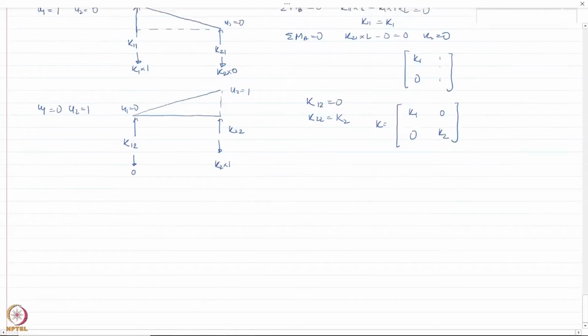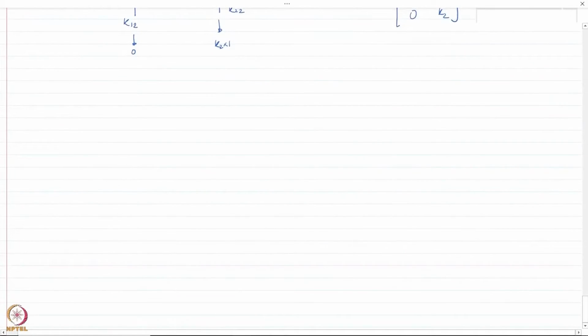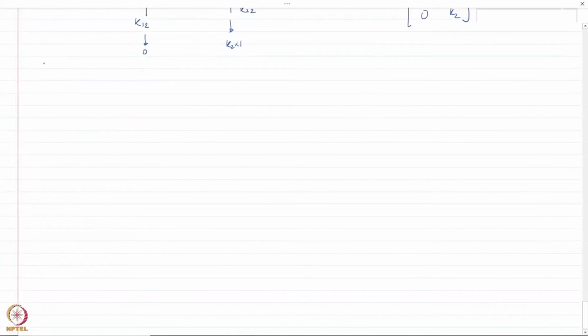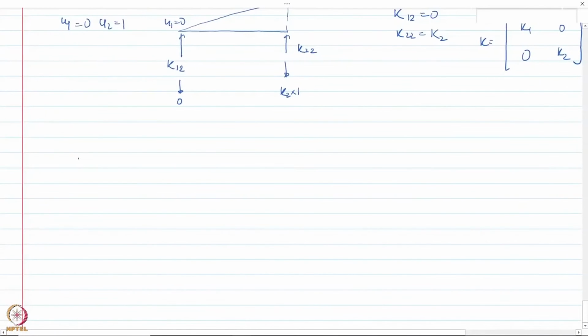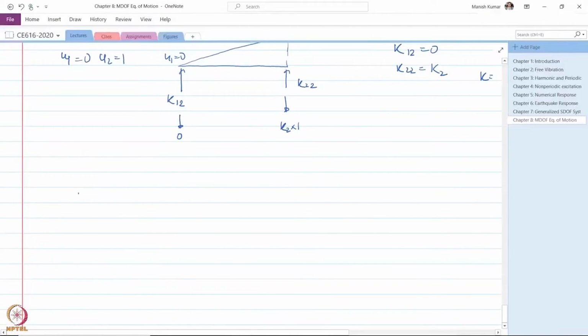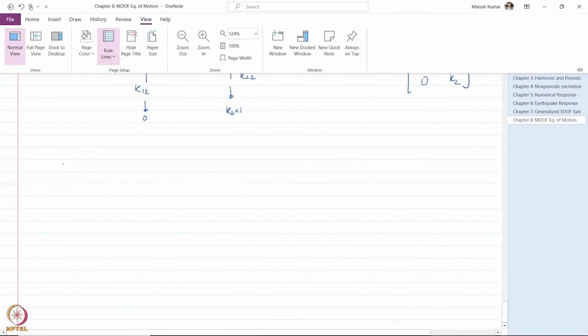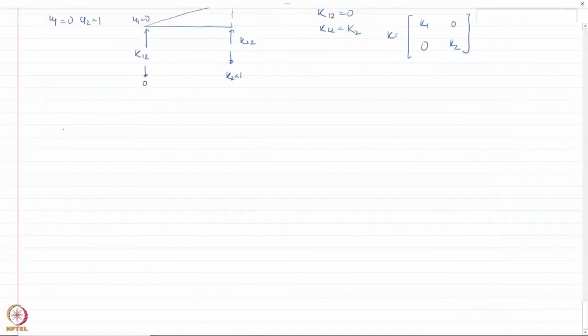Now let us come to finding the mass matrix. For the mass matrix, we are going to repeat a similar procedure, except now we are doing the same thing for the acceleration, not the displacement. So in the first case, I'm going to assume unit acceleration at point A and 0 acceleration at the second degree of freedom.